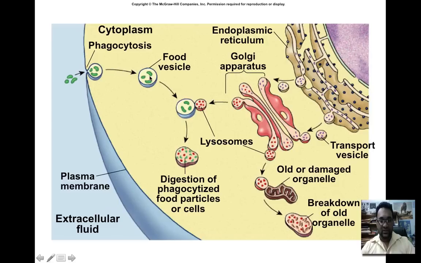It forms a food vesicle, and then the primary lysosome will bind to it, forming a secondary lysosome. And what happens is basically that the contents of the primary lysosome are released into the vesicle here, and digestion of the phagocytized food particles or cells takes place.